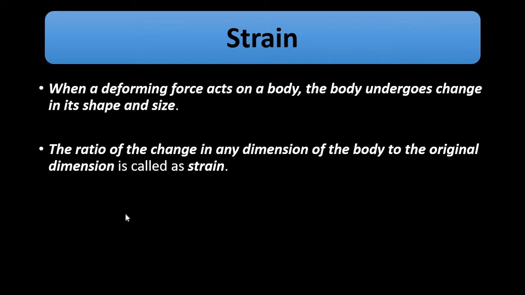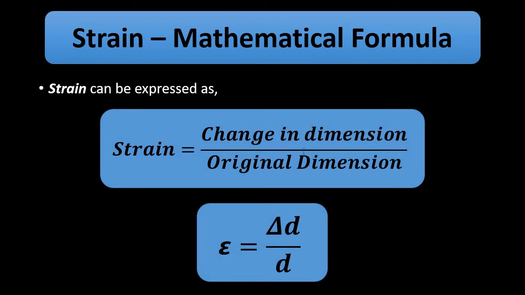So strain is the ratio of the change in any particular dimension of the body to the original dimension. Change in any parameter to the original parameter. So the formula of strain is change in dimension, whether it be length, breadth, height, angle, or volume, to the original length, original breadth, original height, original volume.